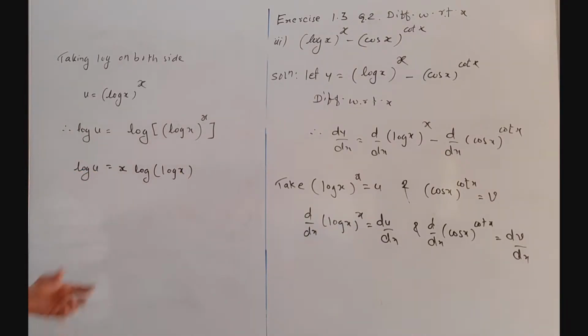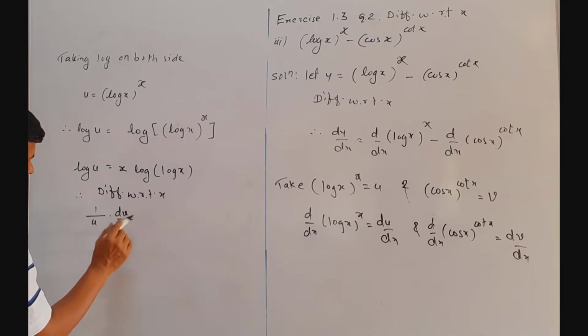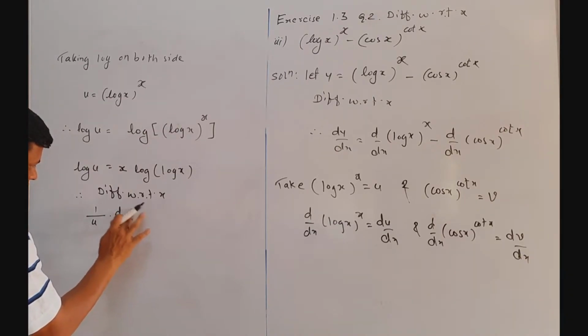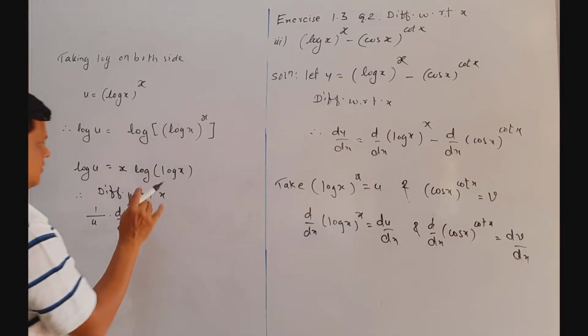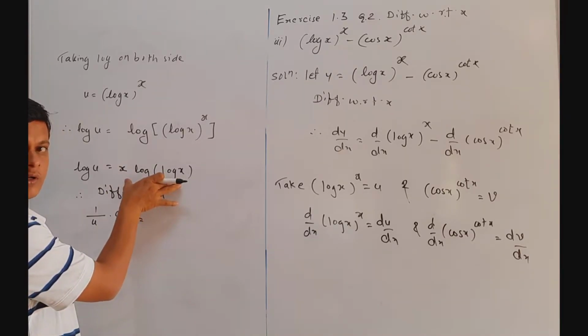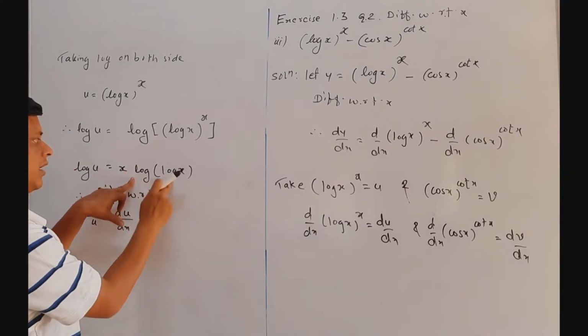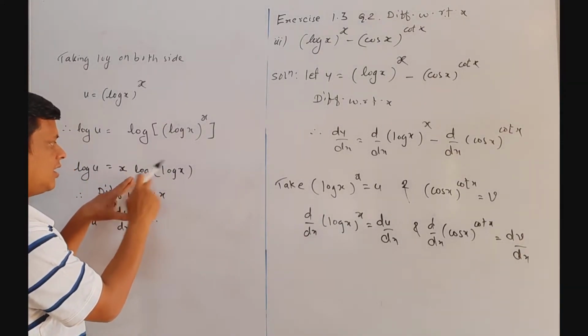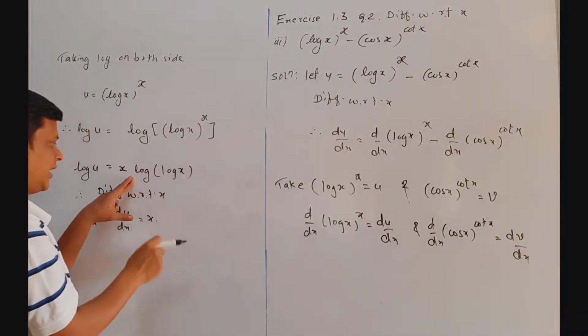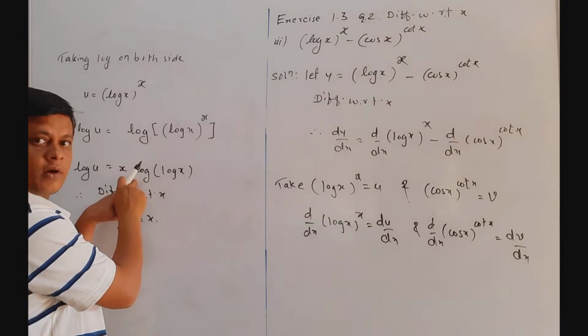Now first we find the derivative of this, then we write the derivative of v. Differentiate with respect to x. We get the derivative of log u as 1/u into du/dx. Then we apply the product rule for the RHS: first function into derivative of second. The outer function is log, the inner function is log x, so we use the composite function rule.